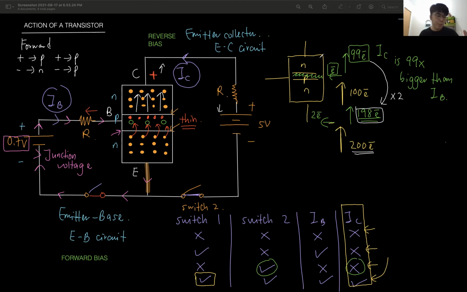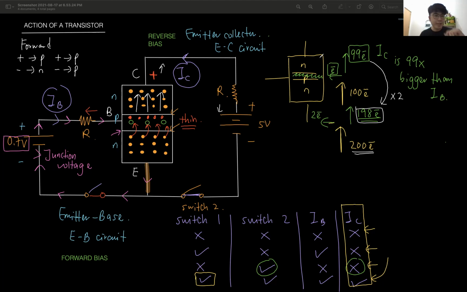Meaning that when the current in the base circuit changes, the current in the collector also changes. And the current in the collector changes in the same manner as the current in the base, and it remains 99 times bigger than the current in the base.